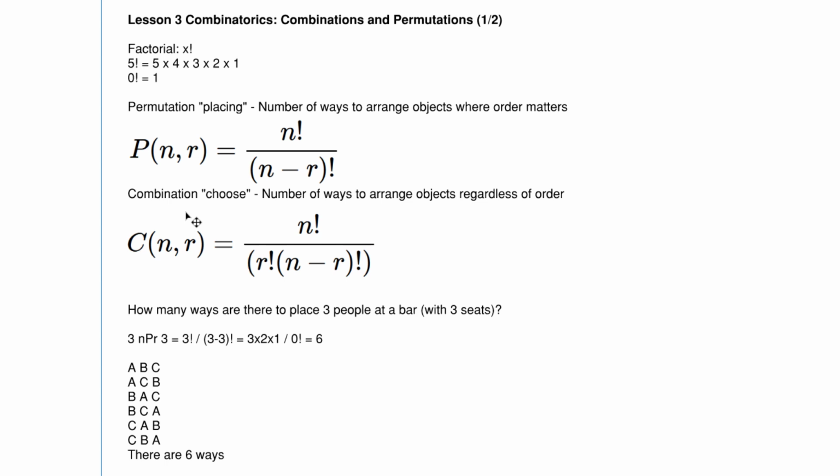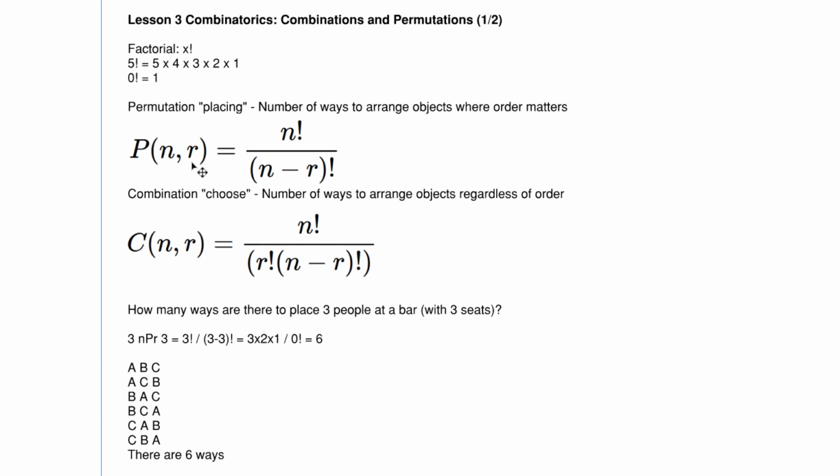So how to calculate permutations is you have the N and you have an R. So N is the set that you're choosing out of or placing out of. And R is how many places there are. So for example, if there are 25 contestants and there's first place, second place, third place.